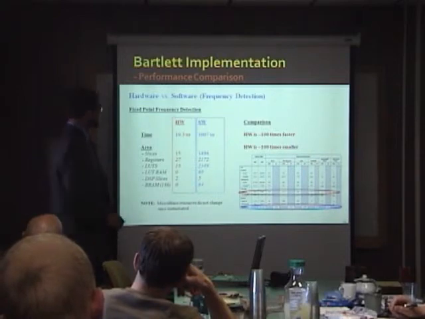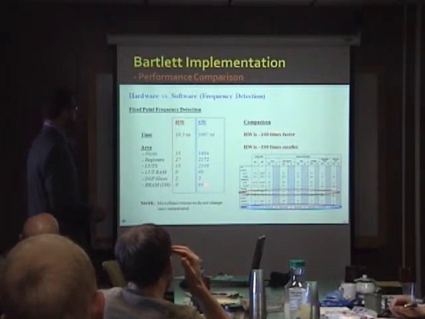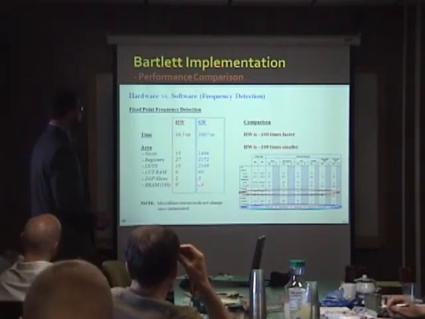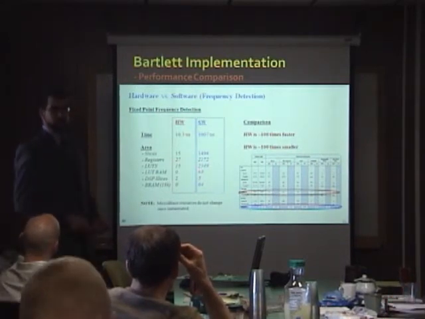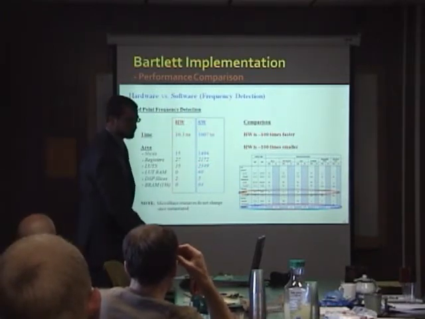The Microblaze also doesn't only do, for example, the frequency detection. All these resources are used for FFT, frequency detection, and DOA estimation. But since it's fixed for the Microblaze, we needed some sort of comparison to look at.